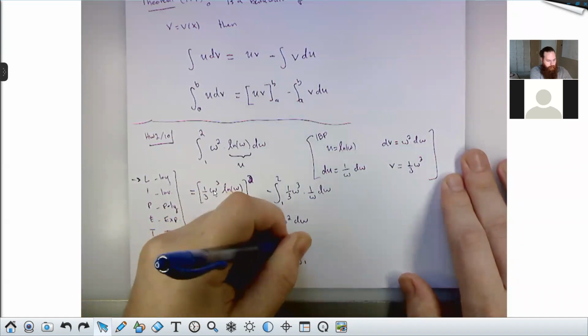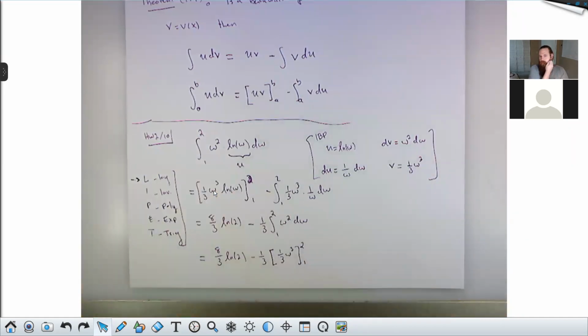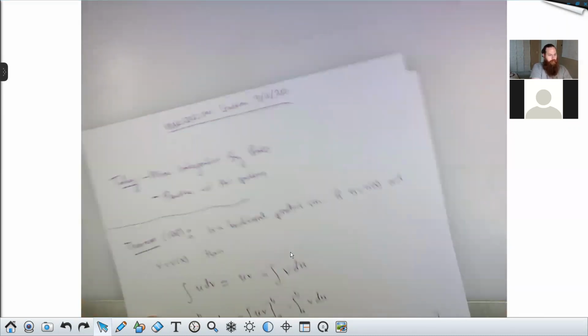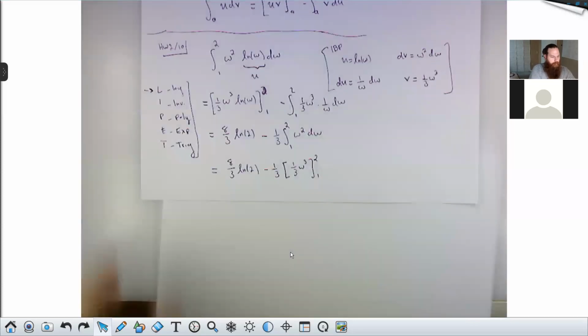And this is evaluated from 1 to 2. And now this piece we need to evaluate. If I plug in 1, I'll get 1/3. If I plug in 2, I'll get 8/3. So I'll continue this on this next little page here.